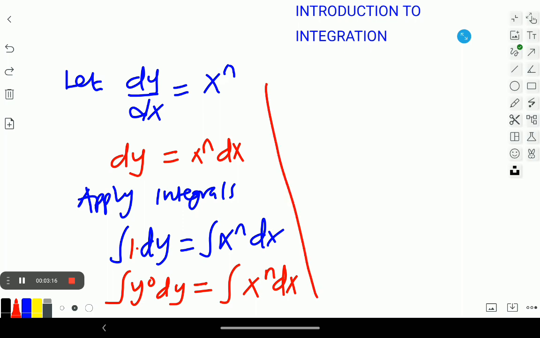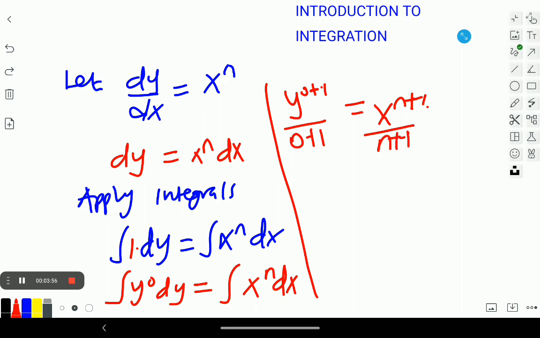Then from this point, if we integrate these two, using the previous formula we can have y power 0 plus 1, divided by 0 plus 1, is equal to the right hand side, x power n plus 1 divided by n plus 1.